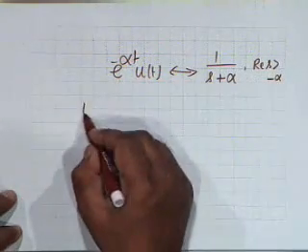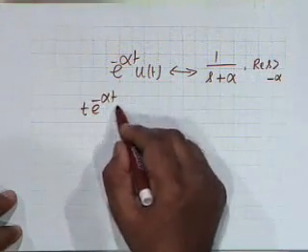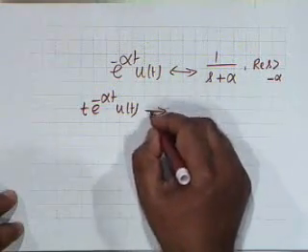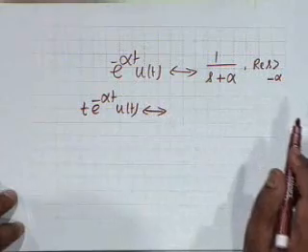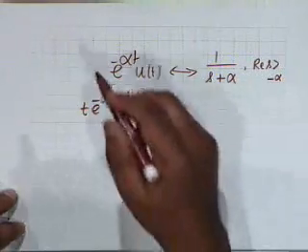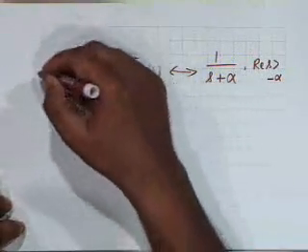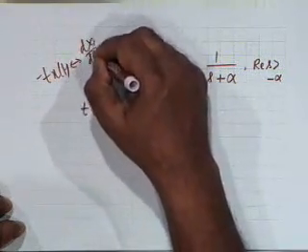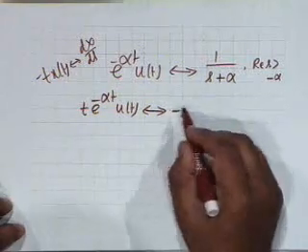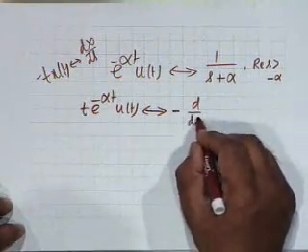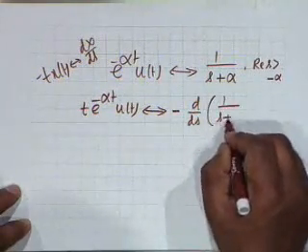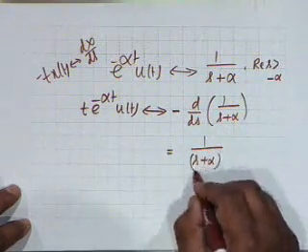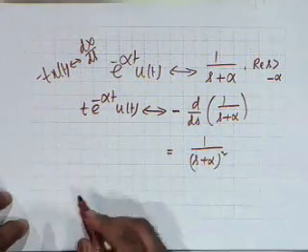Now suppose you multiply by t, t e to the minus alpha t u of t, then by the theorem that we have just shown, minus t x of t is the pair of dX/ds, and therefore it will be minus d/ds of 1 by s plus alpha, which is equal to 1 by s plus alpha whole squared, alright.